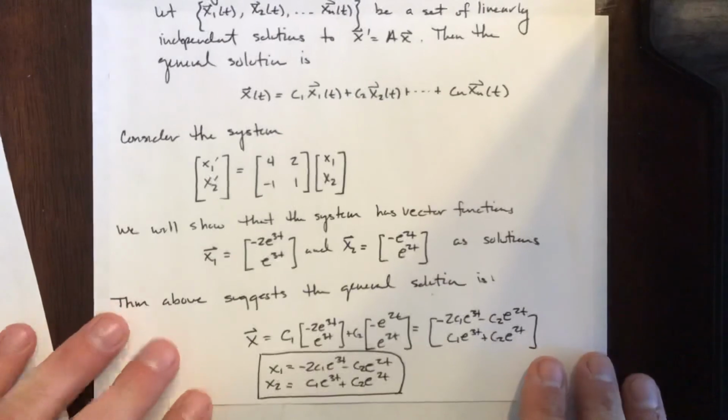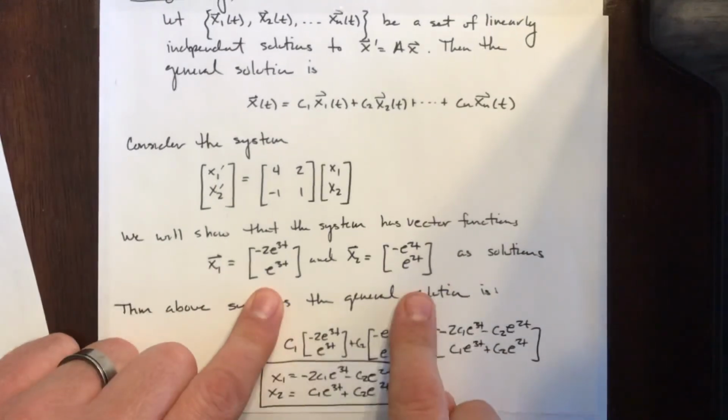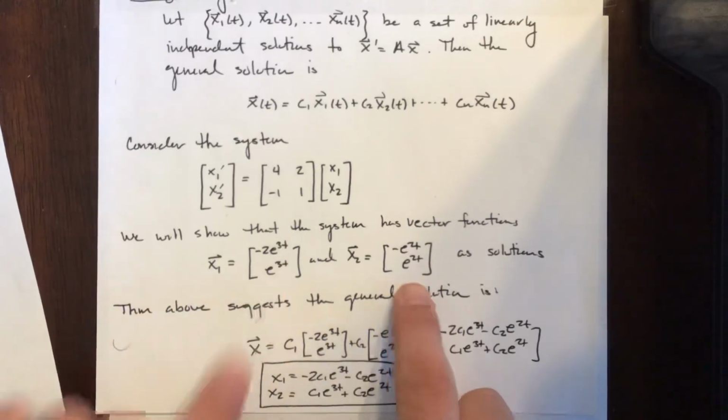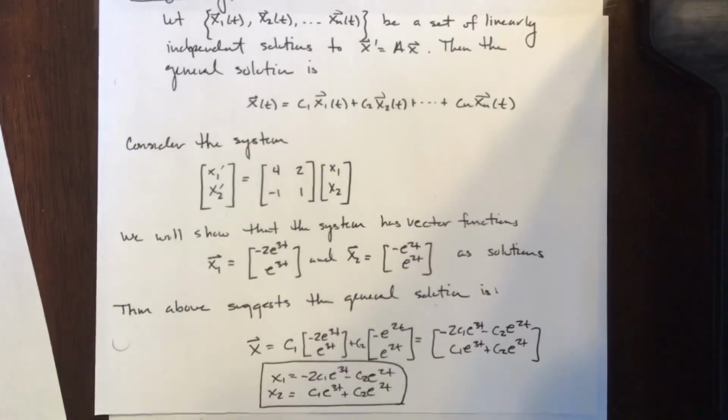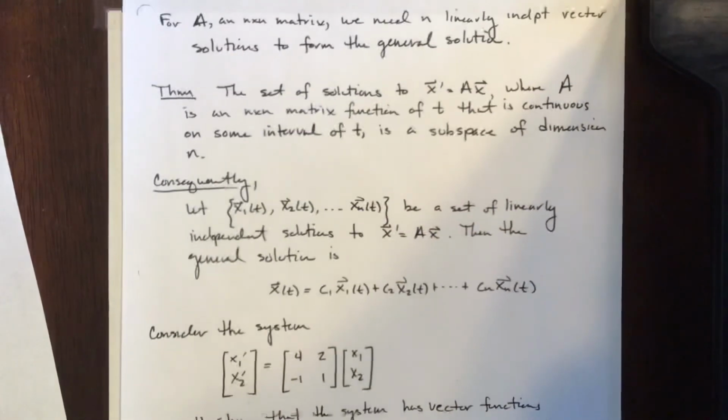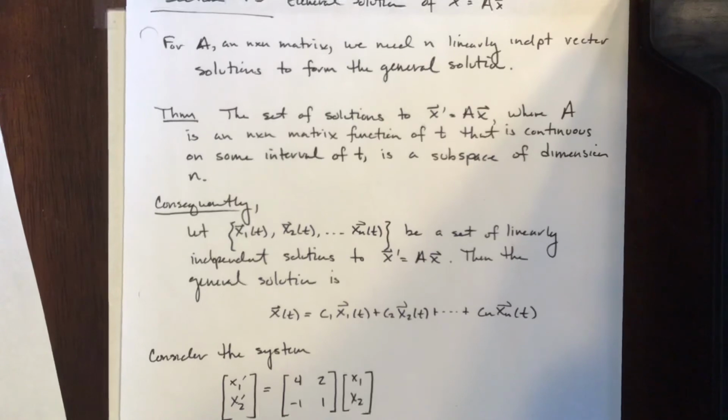The only thing we don't know is how to come up with what x1 and x2 are, the vector x1 and x2. Okay, and so that's what we learn in section 9.3. So again, 9.1, 9.2, and 9.3 are small bites at really what our goal is, and our goal begins in section 9.4.